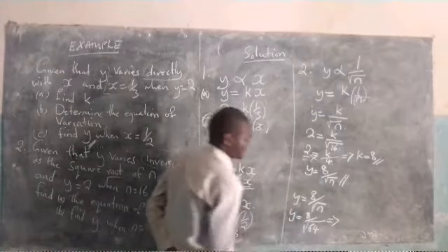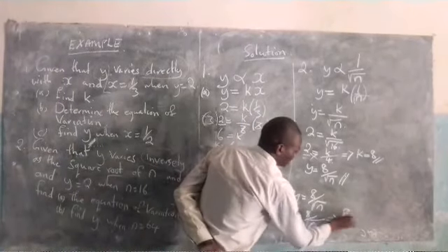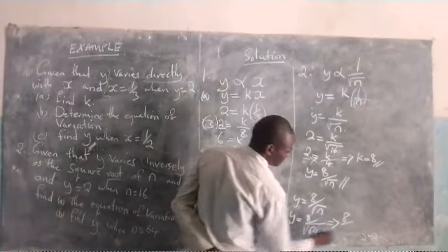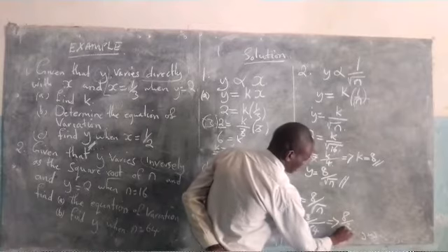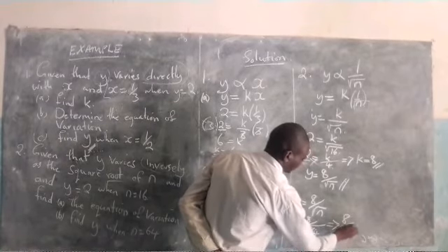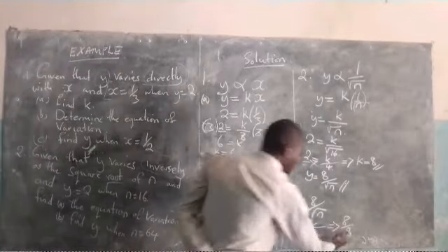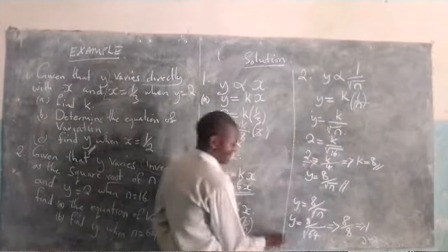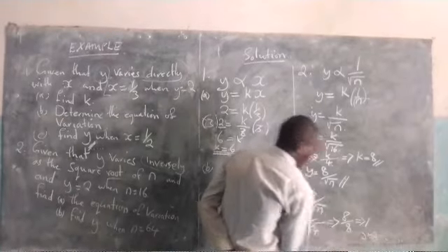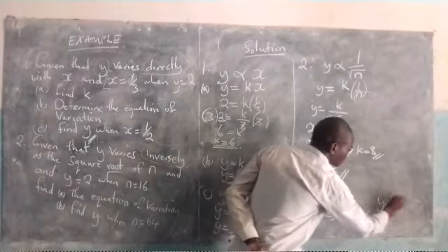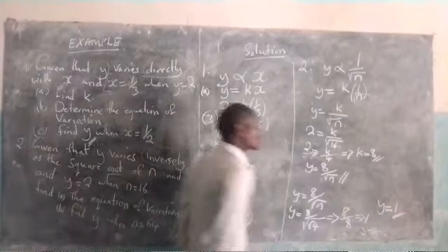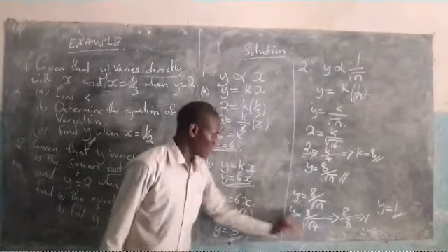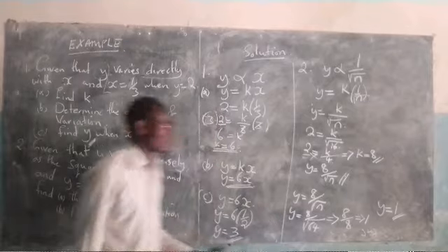The square root of 64 is 8. So 8 over 8 is 1. Therefore, y is equal to 1. So y is 1 when n is 64.